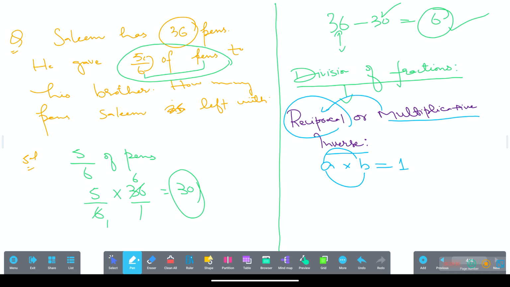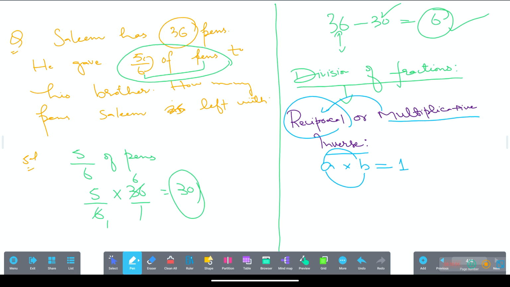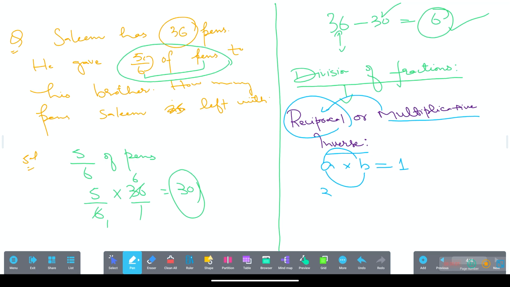Now, how will we find it? Suppose I have the number 3 by 4. What should I multiply it by so that the result will be 1? Whenever the result is 1, it means I am searching for the reciprocal.